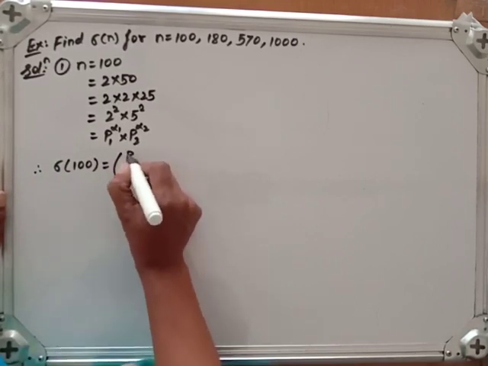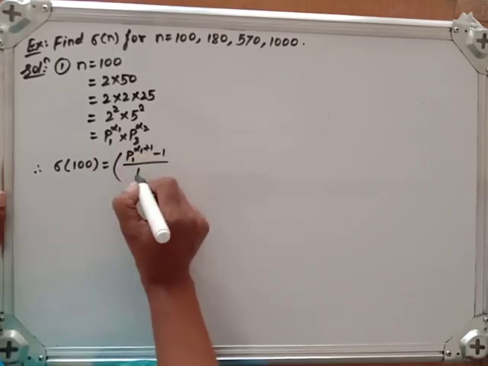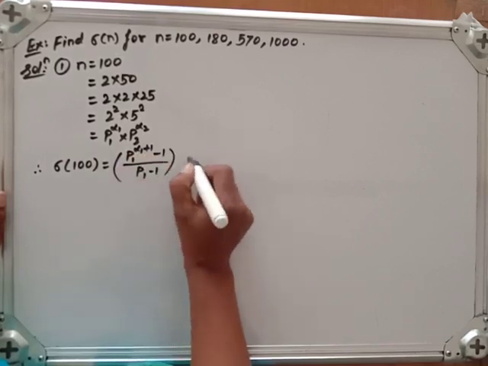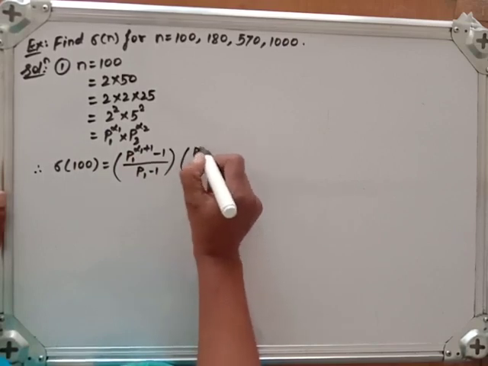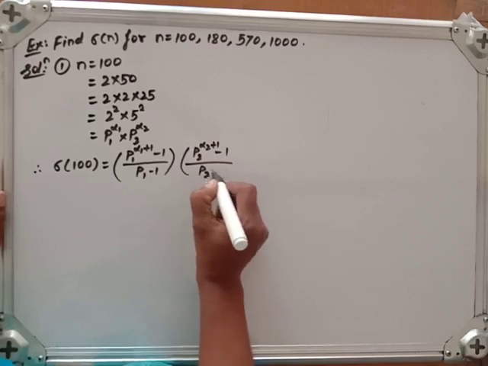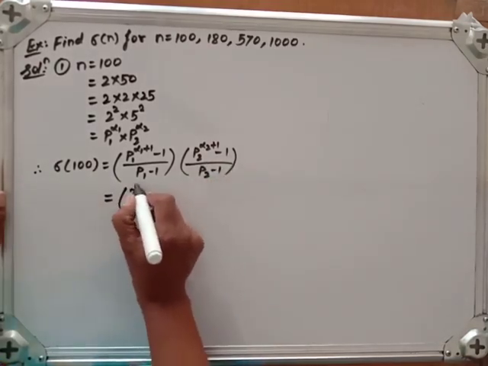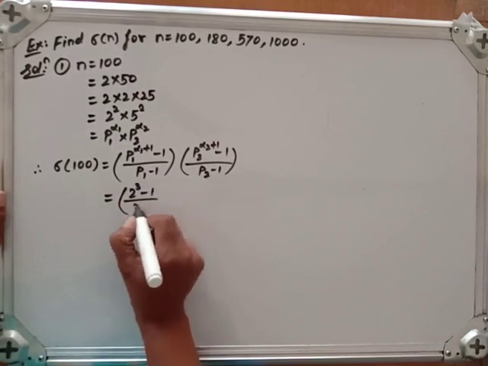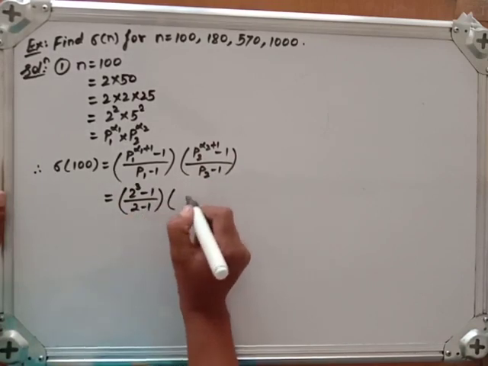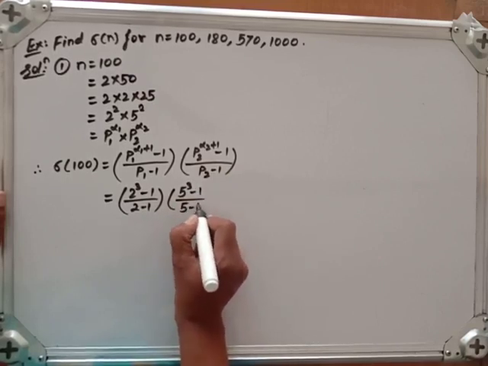Here p1 raised to alpha 1 plus 1 minus 1 upon p1 minus 1 into p2 raised to alpha 2 plus 1 minus 1 upon p2 minus 1. So this is equivalent to 2 cube minus 1 upon 2 minus 1 into 5 cube minus 1 upon 5 minus 1.